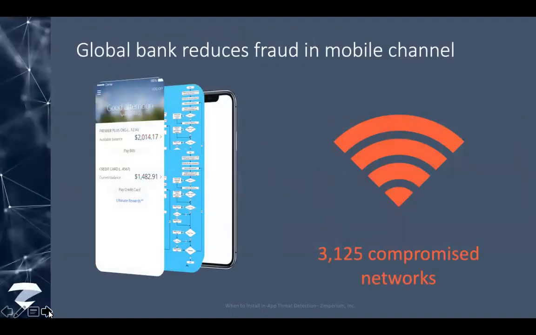So again, our global bank that does reduce fraud in their mobile channel, they found that their users, inside of 30 days, were using 3,000 compromised networks. So these aren't networks with just no password, right? Those are everywhere. These are compromised networks, really, really dangerous.